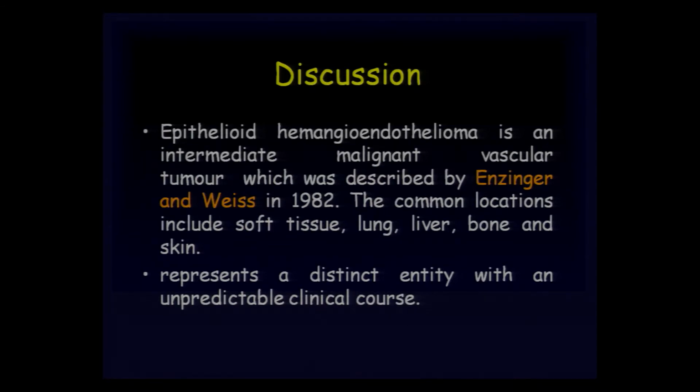Epithelioid hemangioendothelioma is an intermediate malignant vascular tumor, which was first described by Weiss and Enzinger in 1982. The common locations include soft tissue, lung, liver, bone, and skin, and it represents a distinct entity with an unpredictable clinical course.